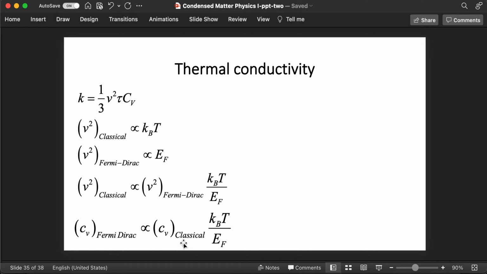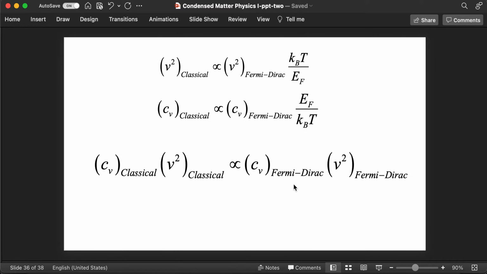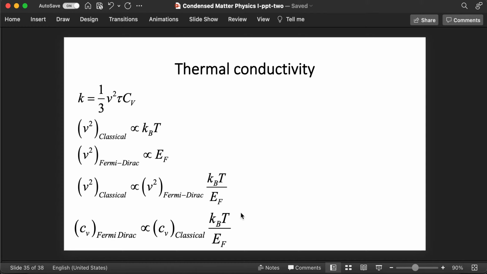That is, the classical expression for the specific heat is very high, and the Fermi-Dirac expression is 1 by EF times lower. So I can now combine these two: the classical expression for V squared is proportional to the Fermi-Dirac expression for V squared times kBT by EF, and the classical expression for the specific heat is proportional to the Fermi-Dirac expression for the specific heat times EF by kBT. So that's the inverse of what I just wrote here.